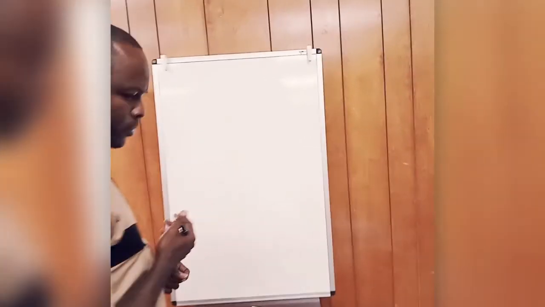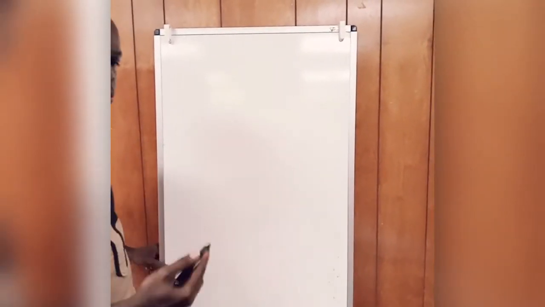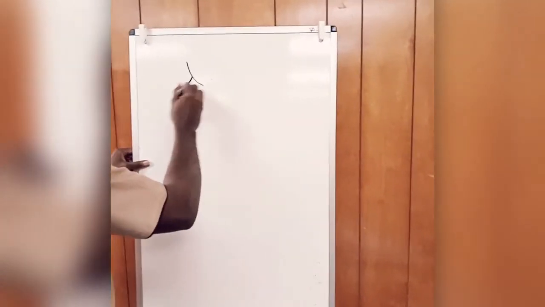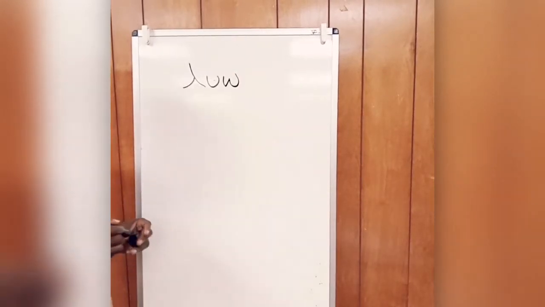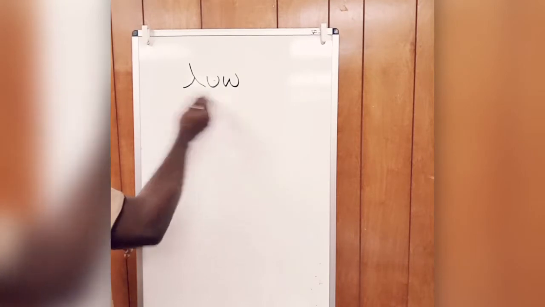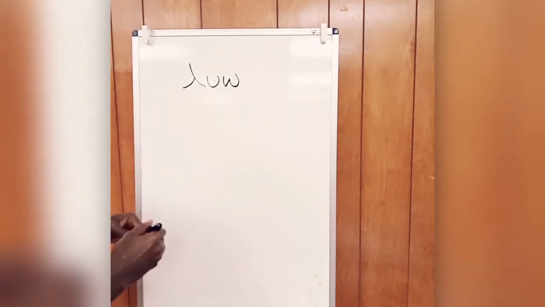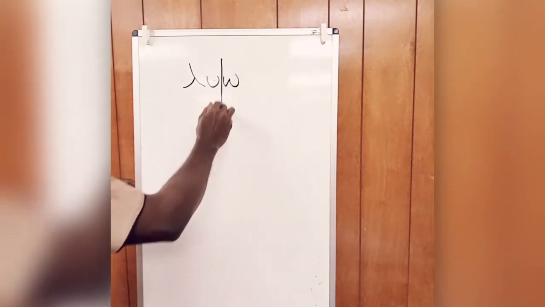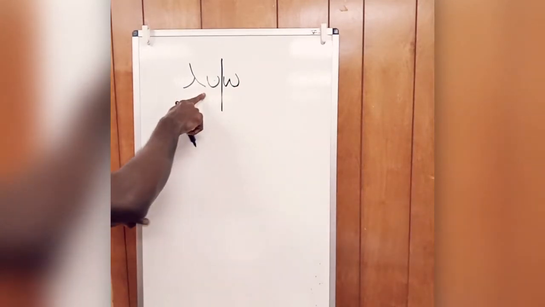Let's look at this. To find out the stem of a Greek word, for instance the word luo, you simply have to do a kind of elimination of the ending. When you remove this ending, the remaining part is the stem.